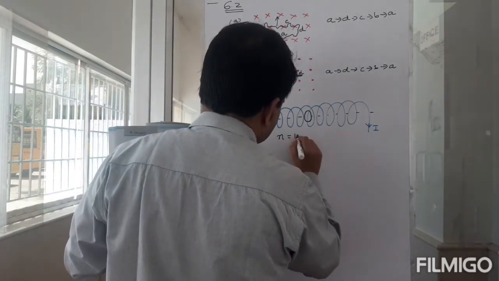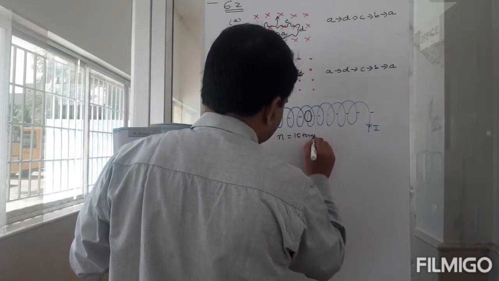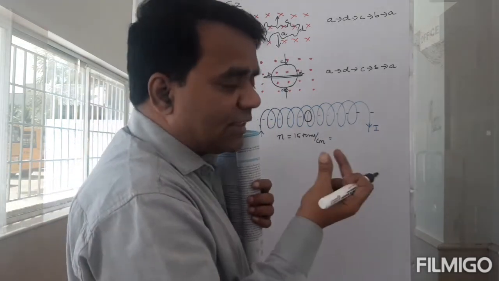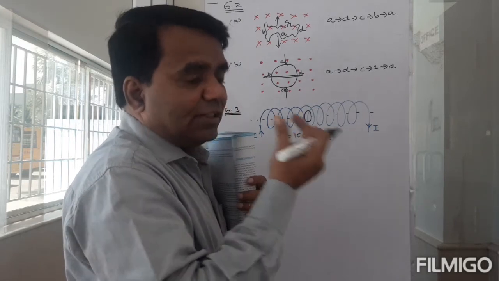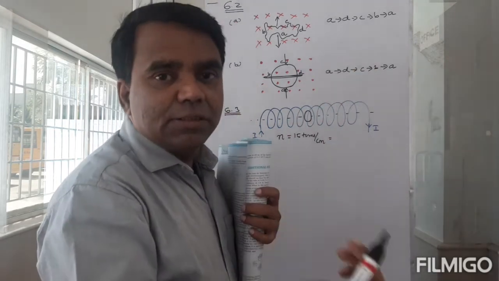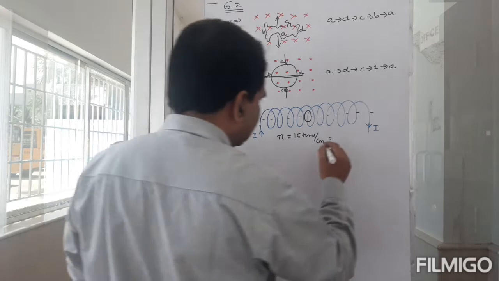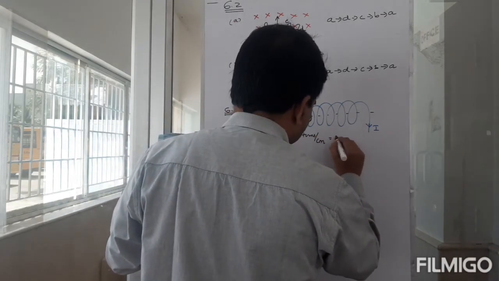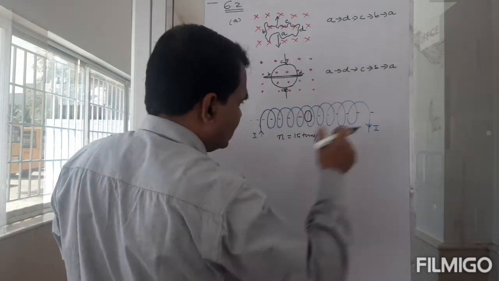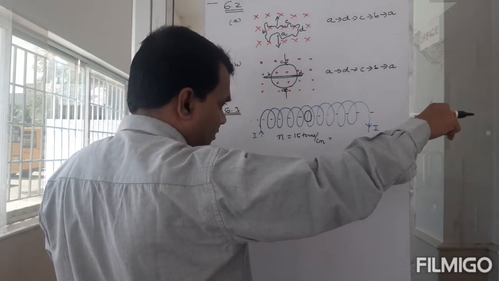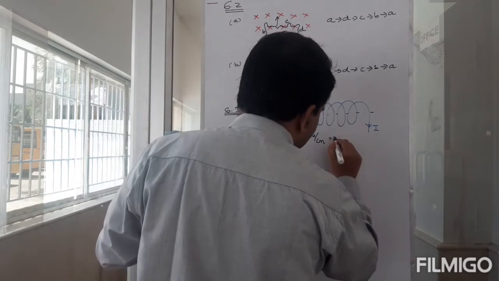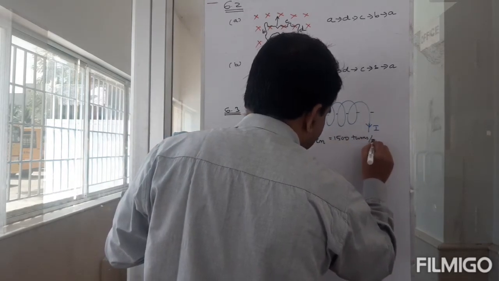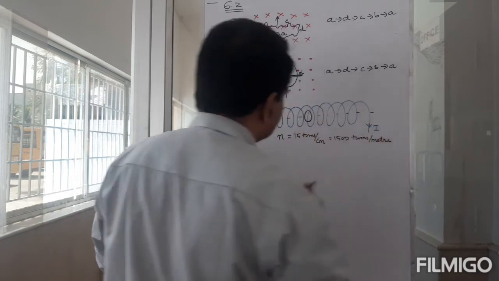So this is 15 turns per centimeter, which means that you will have 1500 turns per meter. I am converting that into turns per meter. So if it is 15 turns per centimeter, then in 1 meter you have 100 centimeters, so you will have 1500 turns per meter. That's n.